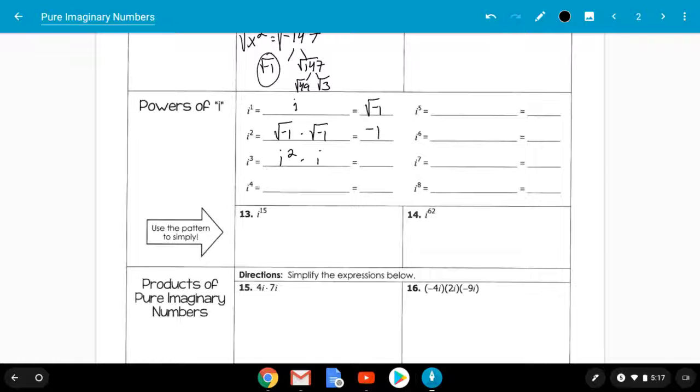So i cubed is i squared times i, which is negative 1 times i, which is negative i. Then i to the fourth is the same thing as i squared times i squared, which is negative 1 times negative 1, which is just 1.